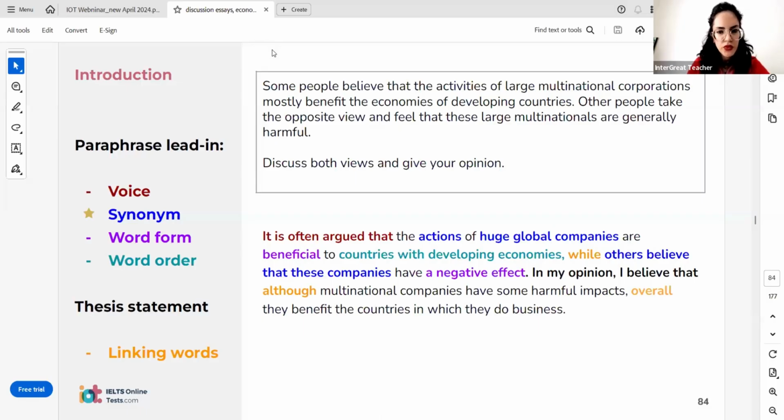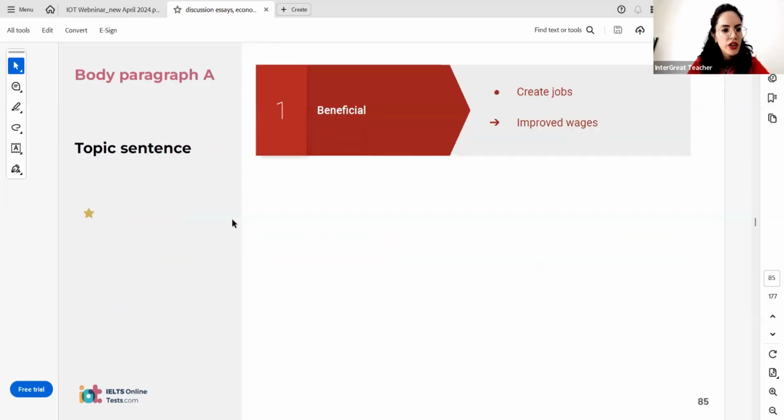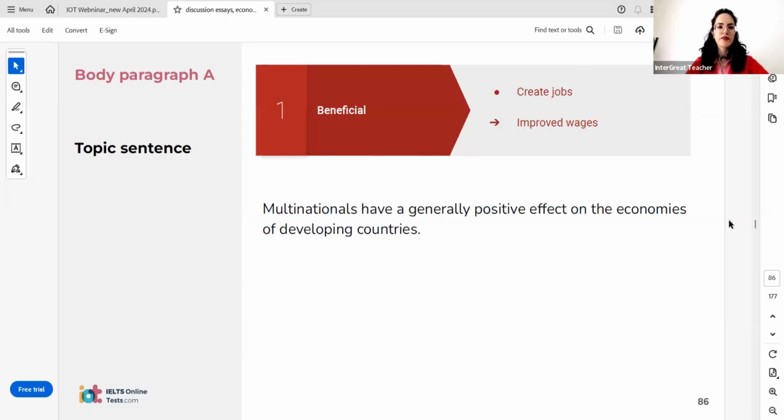Now, let's move on to my first body paragraph. In my first body paragraph, I'm going to talk about the beneficial part. You remember my plan, let's say my keywords, create jobs and improve the wages, right? So I'm going to start like this. First, I need a topic sentence.